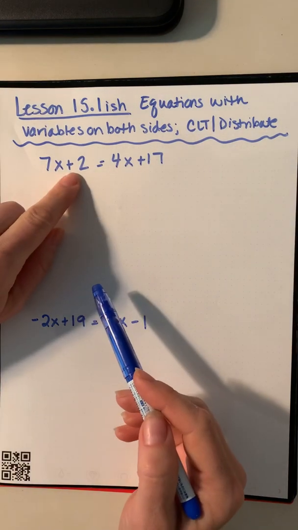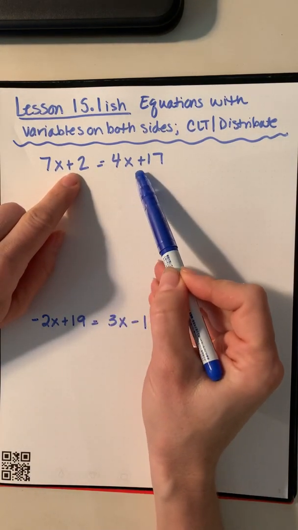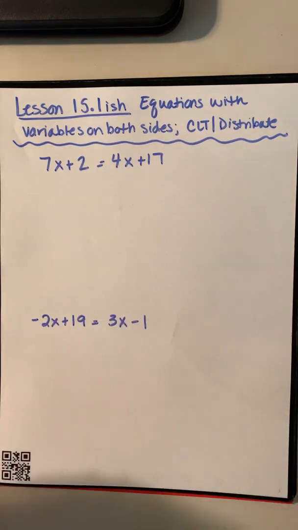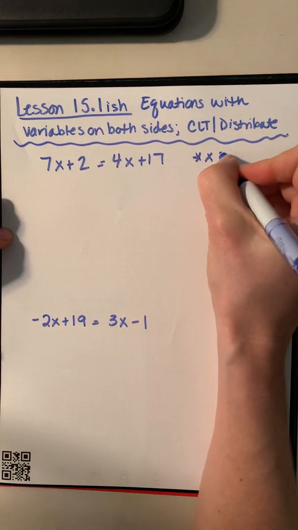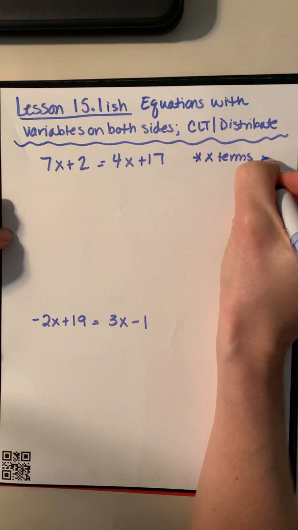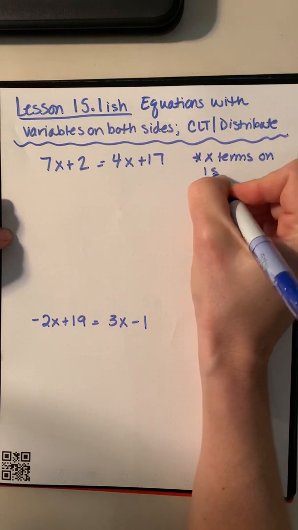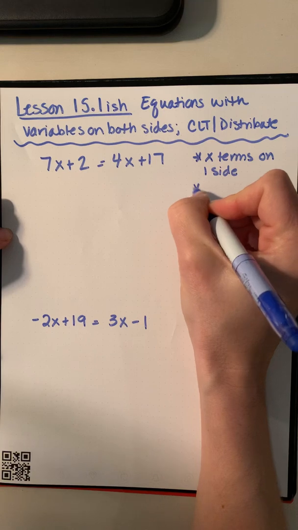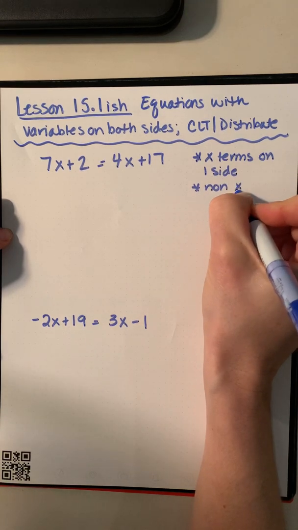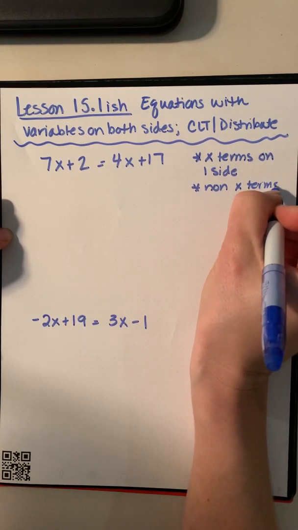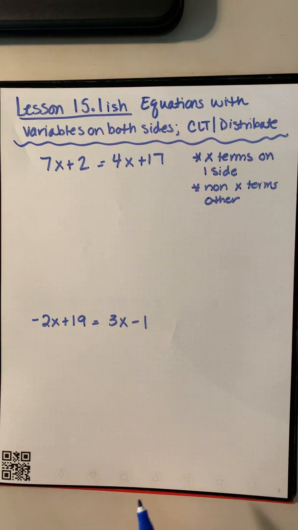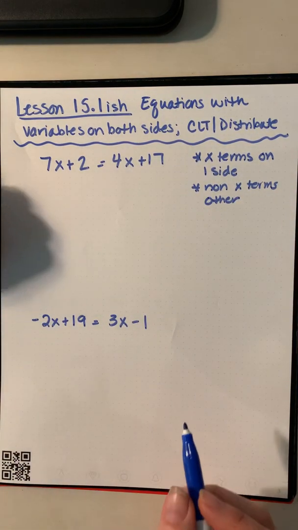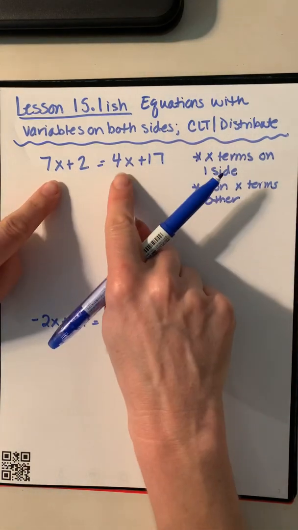We have 7x plus 2 equals 4x plus 17, all right? And really our goal here is we want to put the x terms on one side, and we want to put the non-x terms on the other side, okay? And we know that we can do that with some of our algebra tricks. So I'm going to start with the x's.